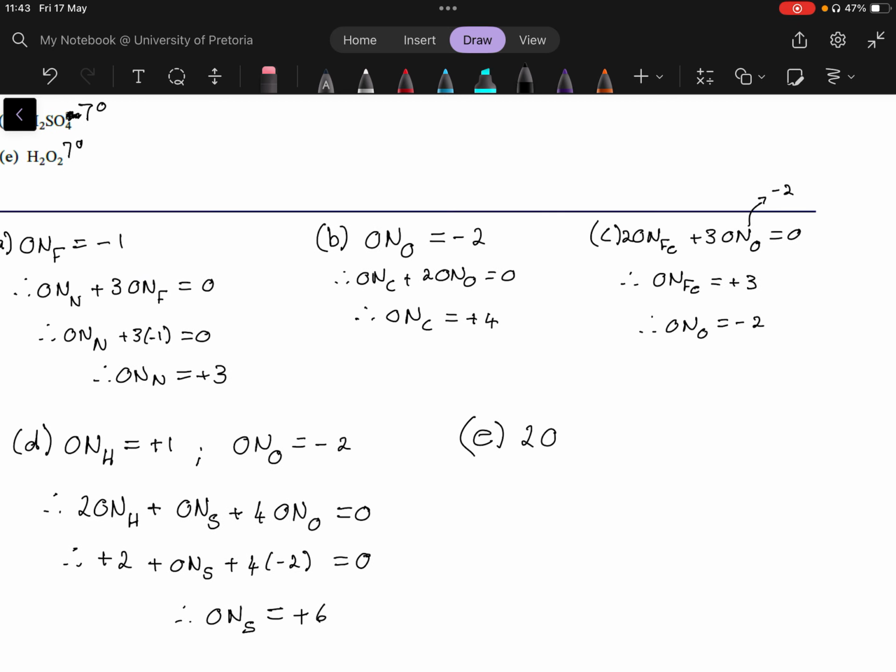So 2 times the oxidation number of hydrogen plus 2 times the oxidation number of oxygen needs to be zero. And hydrogen cannot have a charge other than +1. So we have 2 times +1 plus 2 times the oxidation number of oxygen, giving us 0. So in this case, the oxidation number of oxygen is equal to -1.